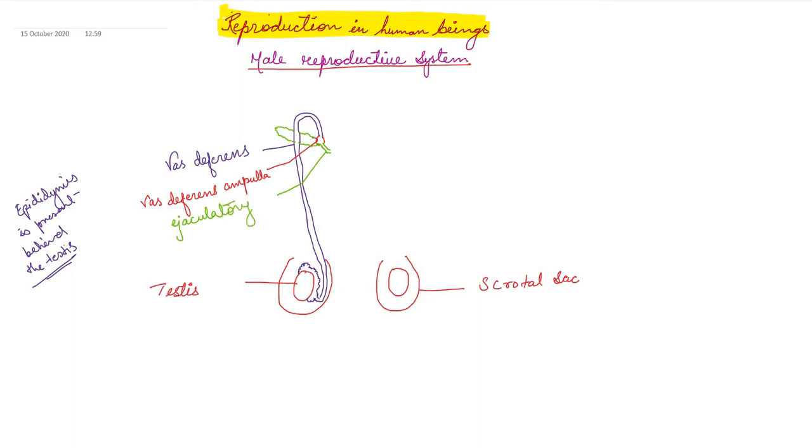Ejaculatory duct means: the vas deferens has a swollen part known as vas deferens ampulla, and the ampulla gives rise to the seminal vesicles. Seminal vesicles I have not mentioned here, so write it here.